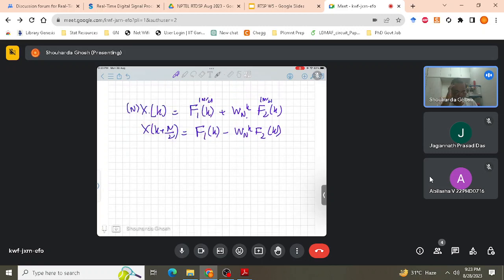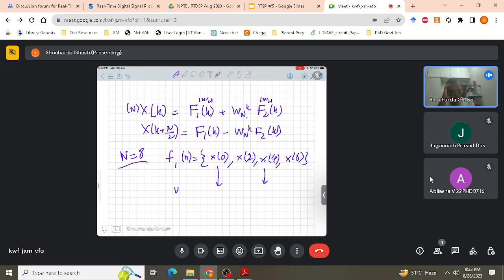Let's suppose we want to do it for N equal to 8. F1 of n was actually the even samples. What will be the even samples? X of 0, x of 2, x of 4, x of 6. And when I further divide this, what will happen?